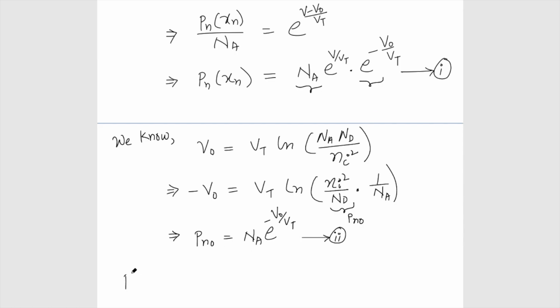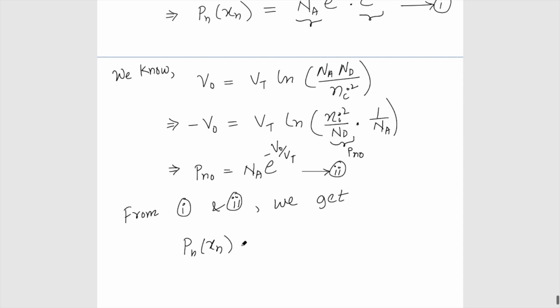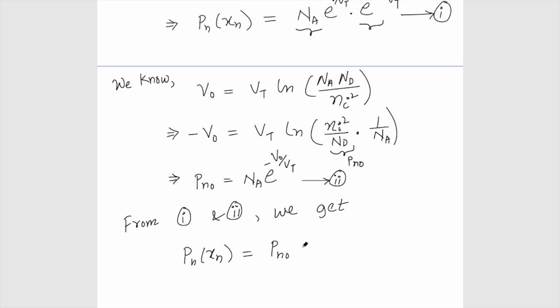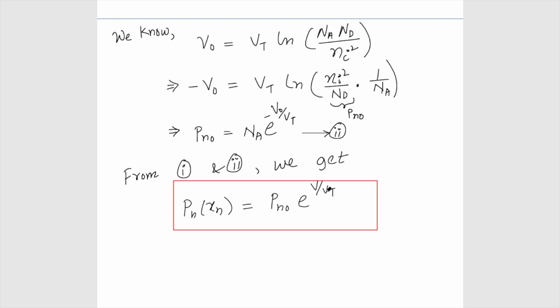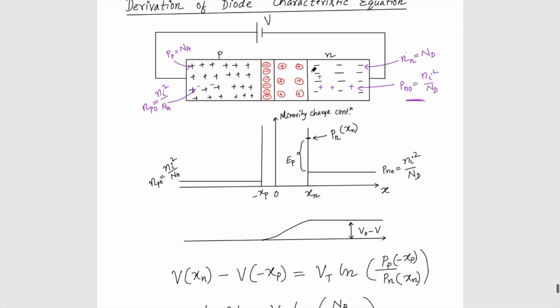So from 1 and 2, what it means is, if I have applied a voltage V in the forward bias condition, the concentration of the minority carriers at this point will be equal to Pn0, the concentration of the minority carriers when no voltage is applied, into e power V by Vt.